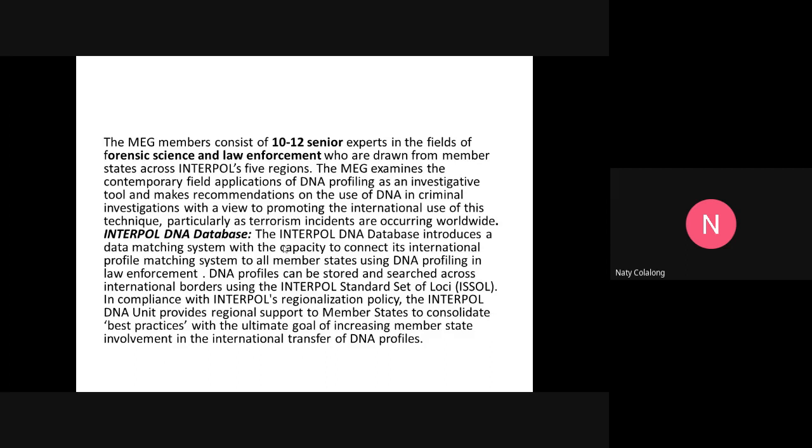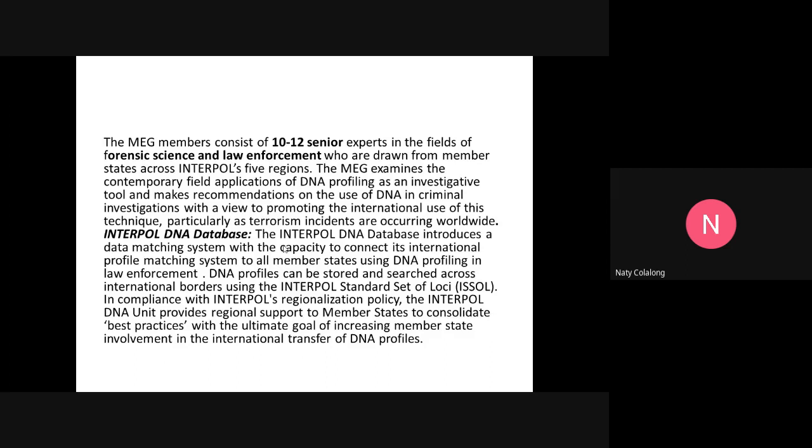The Interpol DNA database introduces a data matching system with the capacity to connect its international profile matching system to all member states using DNA profiling in law enforcement. DNA profiles can be stored and searched across international borders using the Interpol standard set of loci.